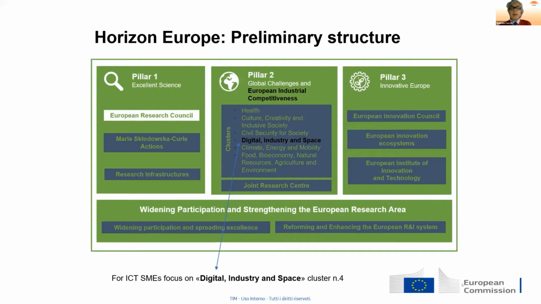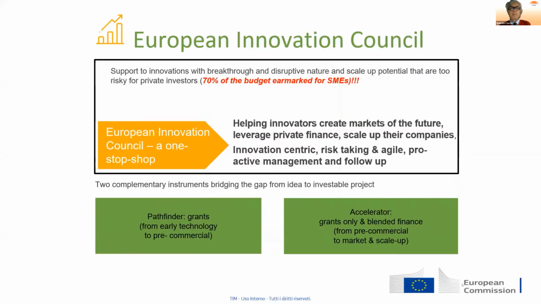So the suggestion is to follow the Commission portal, but you can simply go through Google to find all the evolution of the calls for tender of this digital industry cluster.